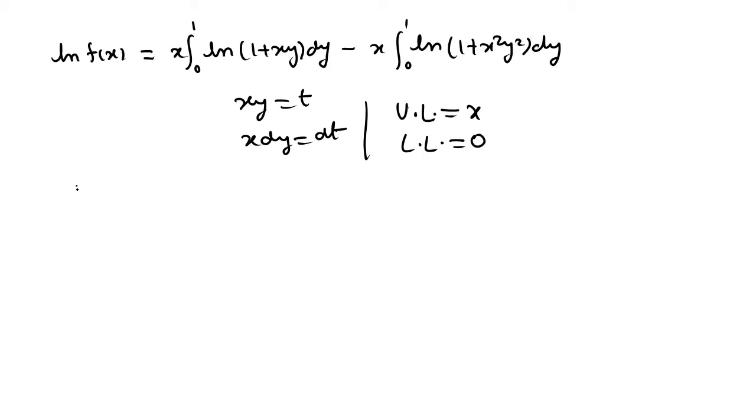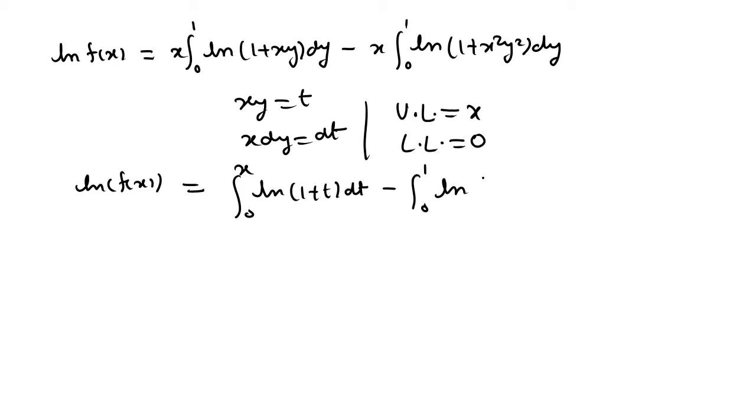So now we will get ln f(x) = ∫ from 0 to x of ln(1+t) dt minus ∫ from 0 to 1 of ln(1+t²) dt.